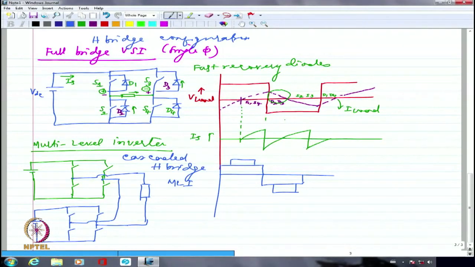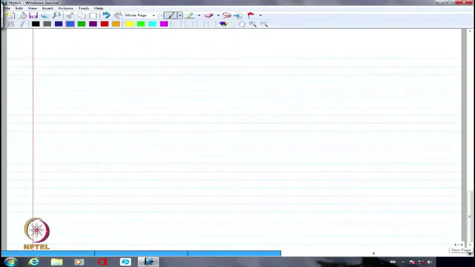So this is a very upcoming area which is being researched extensively, multi-level inverters, right? Now let me just go over to the 3-phase inverter. After discussing all of them in square wave, then we will go for directly discussing them with different PWM techniques.